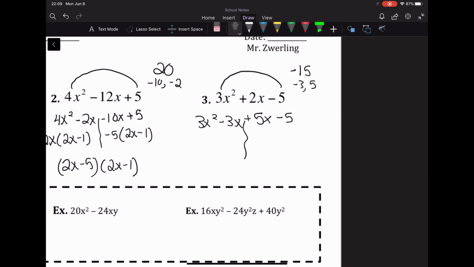Draw our line. We could take out a 3x from this, and we'll be left with x minus 1. And we could pull out a 5 on this side, and we'll be left with x minus 1 here as well. So we'll have 3x plus 5 times x minus 1 as our final answer for this one.